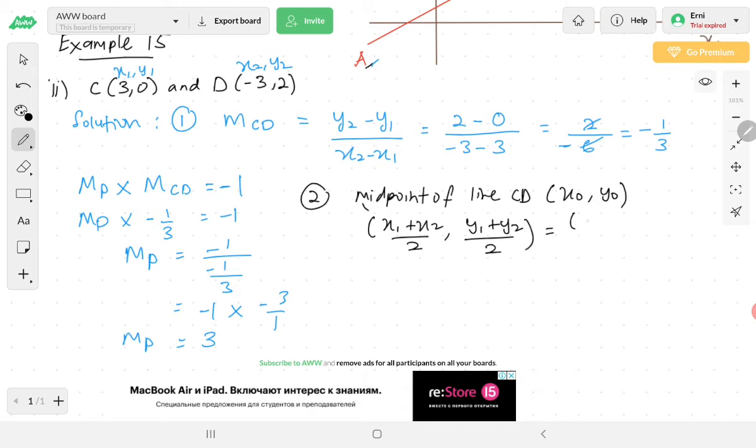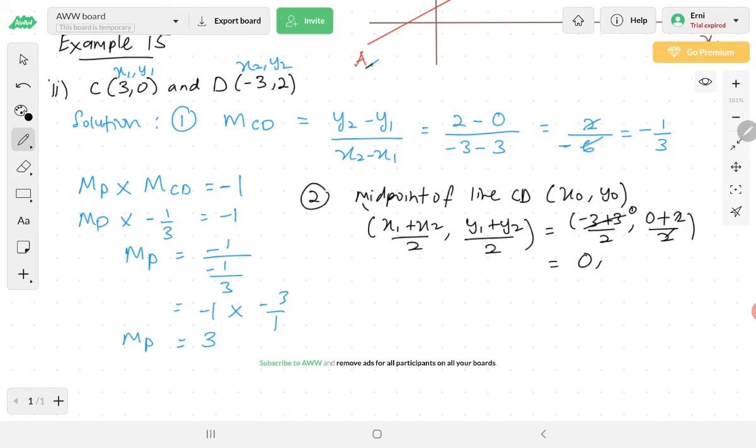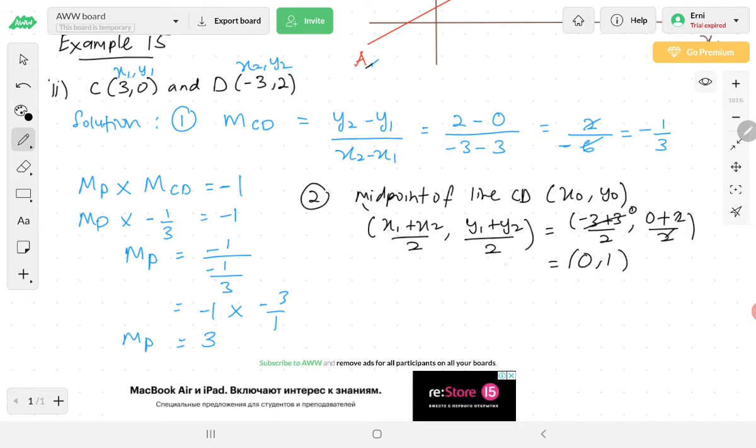So x is equal to -3 plus 3 over 2, and y is 0 plus 2 over 2, and it becomes 0 over 2, 2 over 2, which is 0 and 1. So (xo, yo) will become (0, 1).